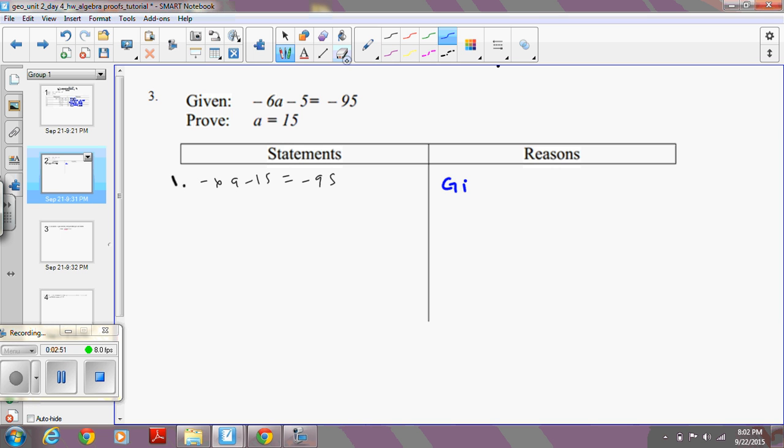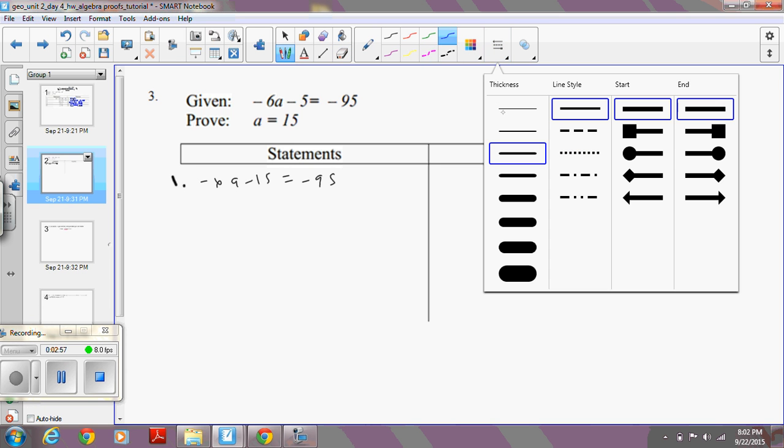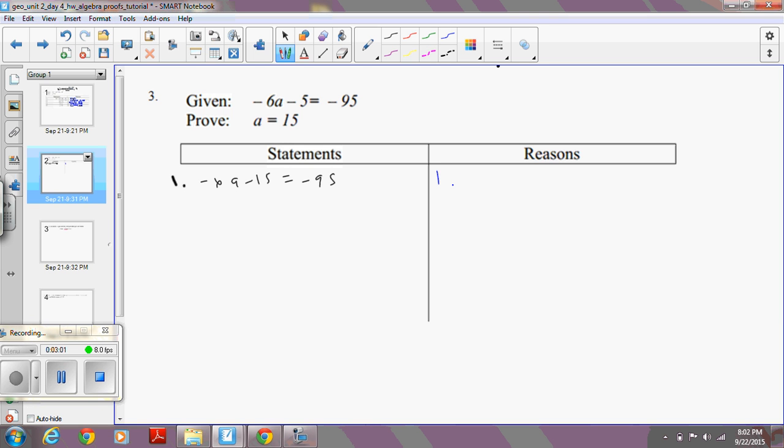Make sure you number your reasons with your statements as well. Then I have a lot of options. Let me make it a capital A so it won't stand out too much or look like a 9.